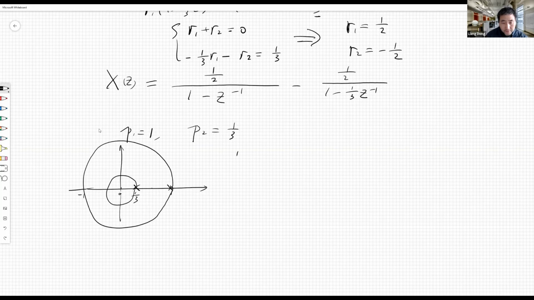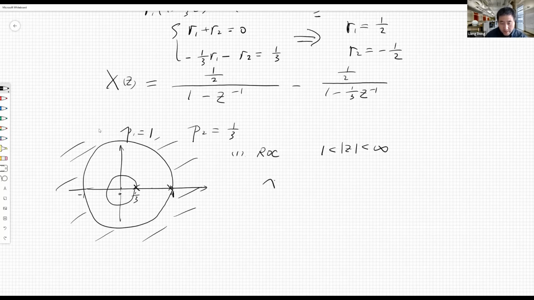For the first case, if my region of convergence is beyond the largest circle, which is 1, the region of convergence is the exterior of both poles, strictly greater than 1 and all the way to infinity.